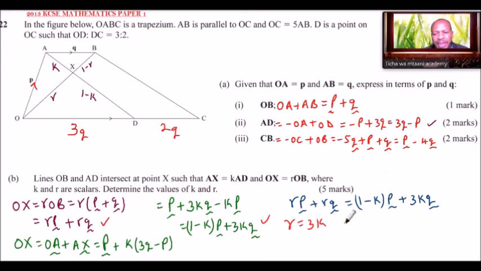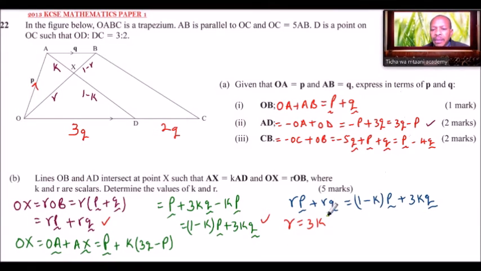All right, so that's correct, because they are the scalars or constants of Q. And then we also say R is equal to 1 minus K. And since we already know R is 3K, so we can say 3K is equal to 1 minus K. Let's take this K to this side. We get 4K, it becomes positive, is equal to 1.